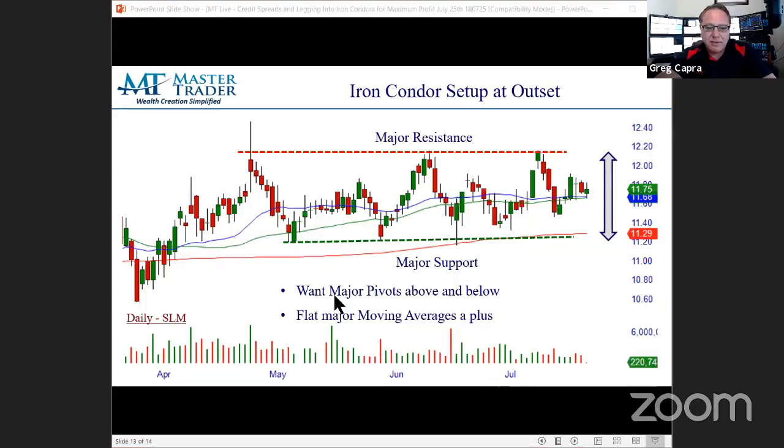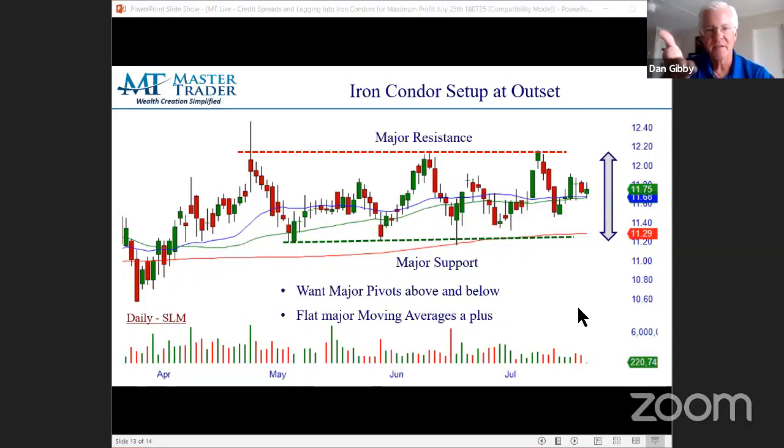That's a picture of stay away, move on to something else. Whereas for option strategies, it's a good picture. Absolutely. It's directionless, and that's what we're looking for. So STX and this are good examples where you can do an iron condor, as the heading of the slide says, at the outset.